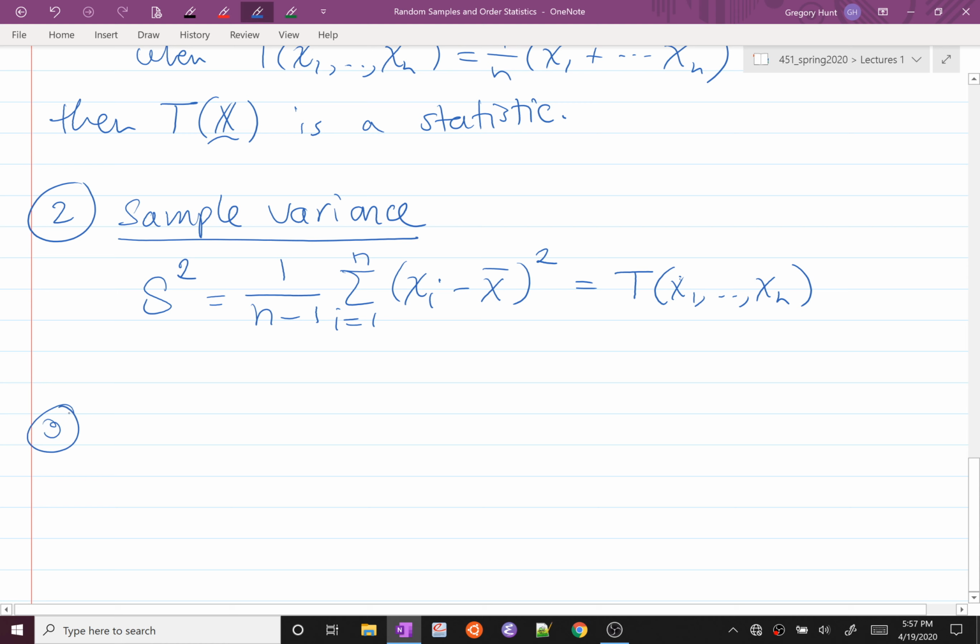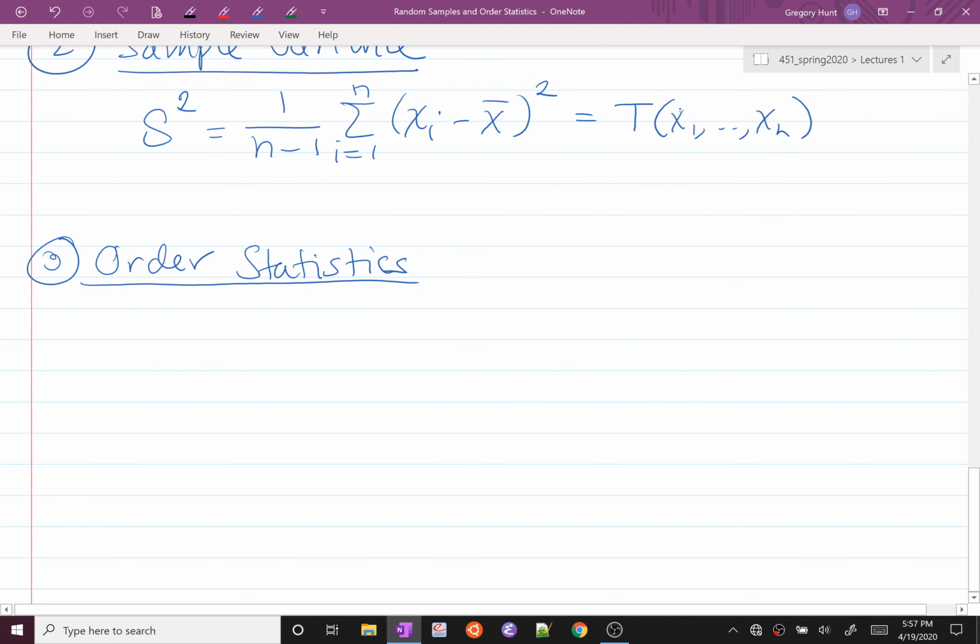Some other examples of statistics that we're going to talk about extensively today are so-called order statistics. The simplest order statistic is the minimum. We're going to write it as x sub 1, with little parentheses around the 1. This is the minimum of all of our random variables.